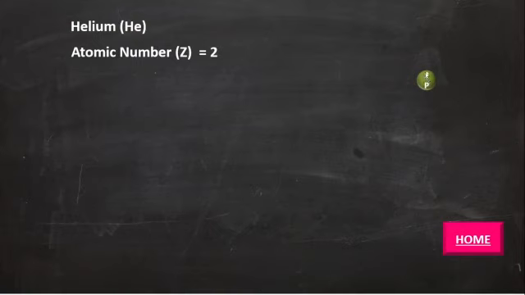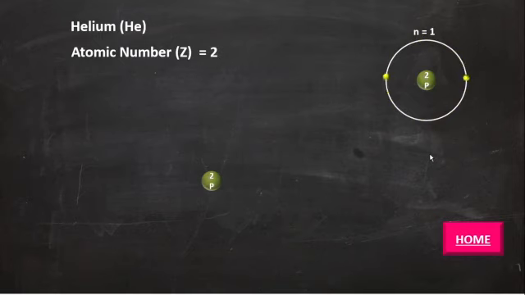So 2 protons are there means 2 electrons revolve around the nucleus. So this is the first orbit, n equal to 1, and there are 2 electrons which are revolving around the nucleus in the first orbit. Now we have to fill these 2 electrons in the orbitals. N equal to 1 has only 1s orbital.